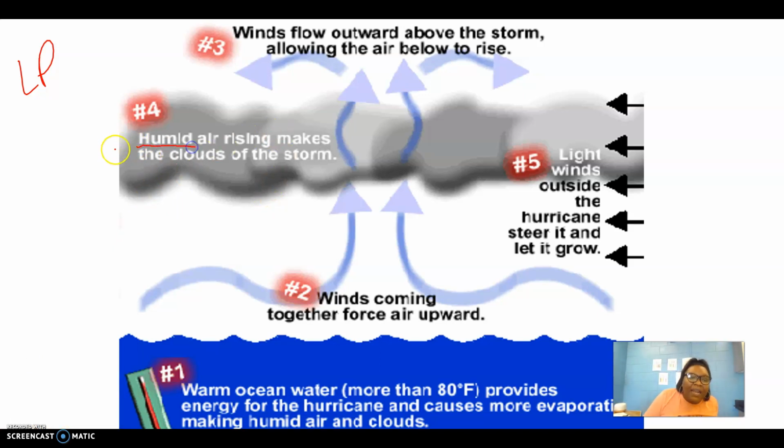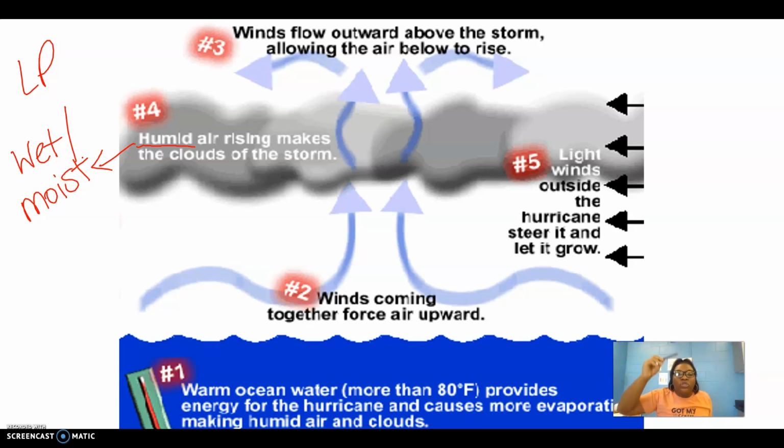The humid air starts to rise, making storm clouds. These storm clouds that you'll need to draw are thick gray clouds. Are cumulonimbus clouds or thunderheads.